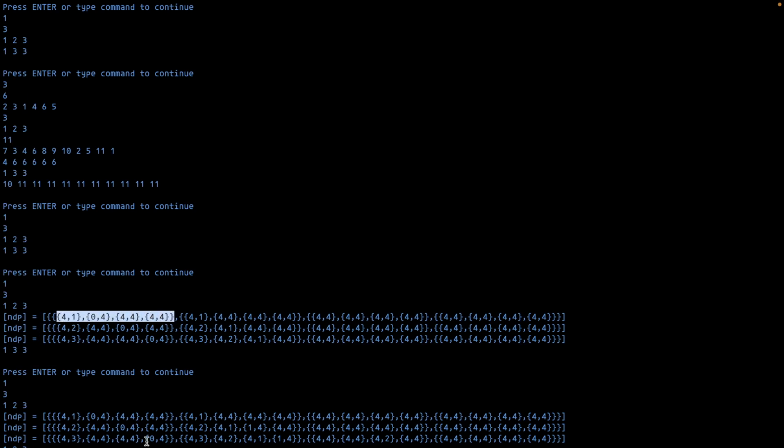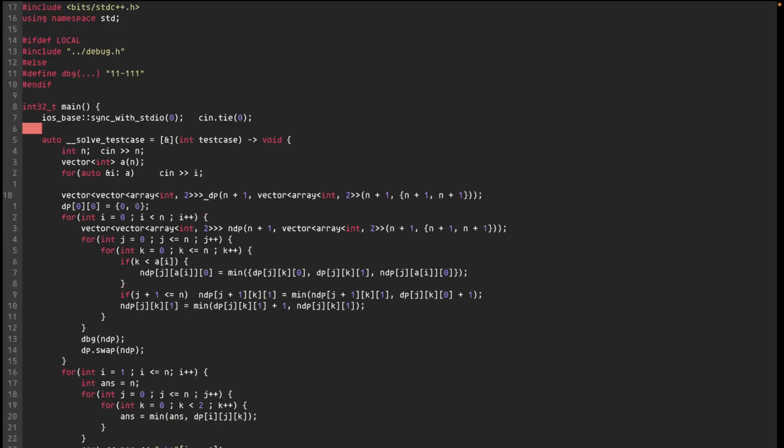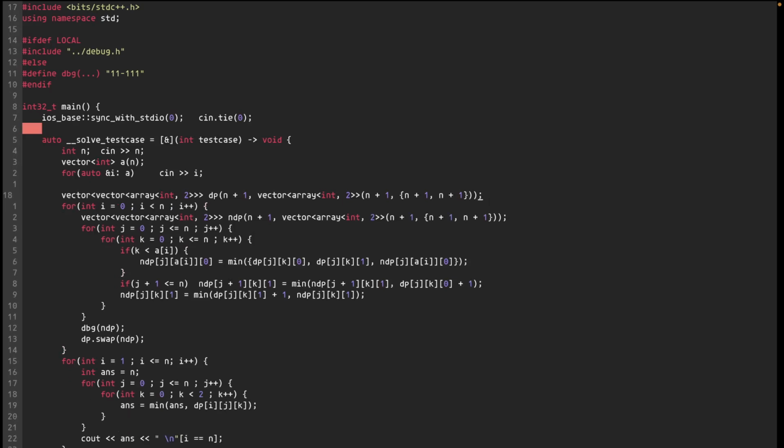So here we will look. It should be 0, comma 4. Yeah, bro, why is it not 0? Well, initially everything should be 0 because why not?